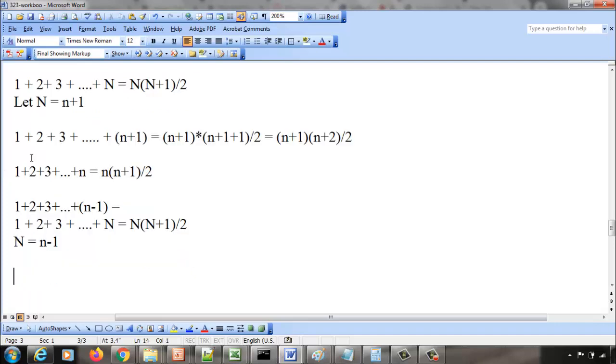So instead of uppercase N, N times N plus 1 over 2 becomes n minus 1 times n minus 1 plus 1 over 2. So it's going to be n minus 1 times n divided by 2. So that is n times n minus 1 divided by 2. Okay? Any question?